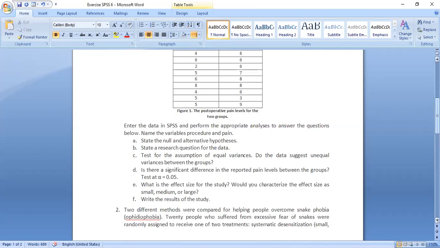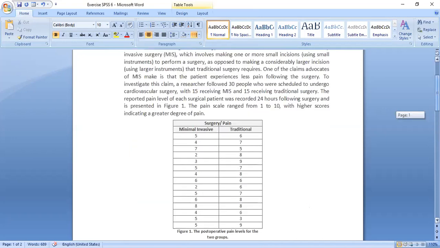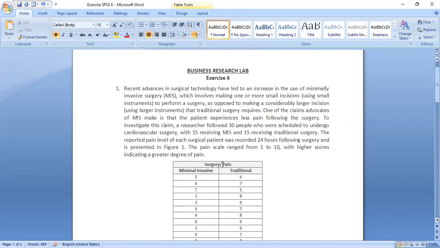E part is talking about effect size. We have to say whether the effect size is small, medium, or large. And lastly, the F part, we have to write the result. So that's the question in all. So we repeat the question again, just for our understanding. This is the question on surgery. Two types of surgeries are being performed. One is MIS, minimal invasive surgery, and the second is traditional surgery.